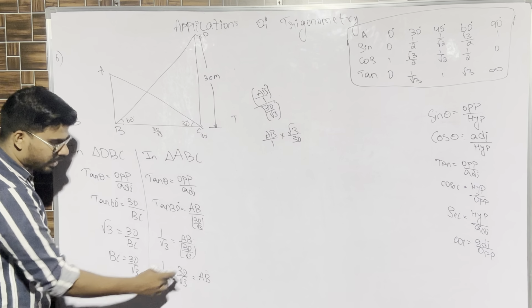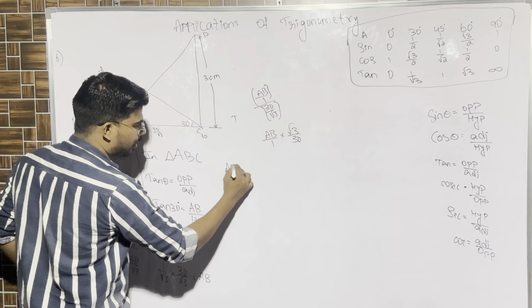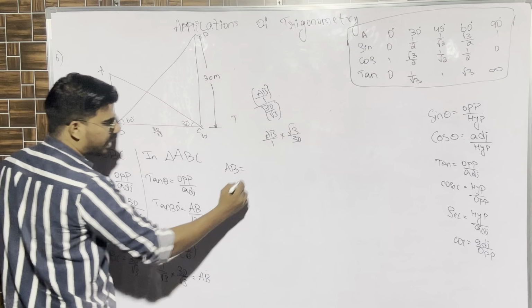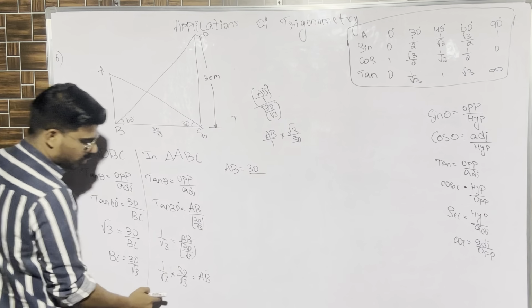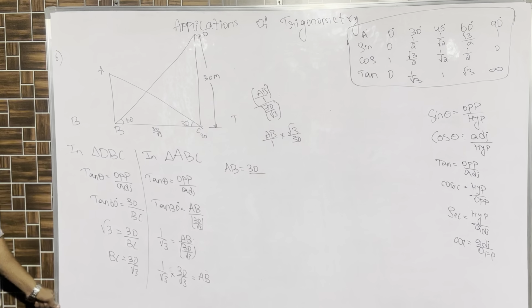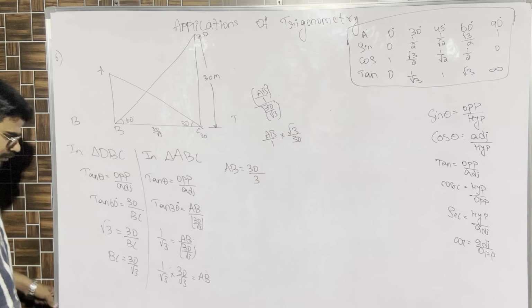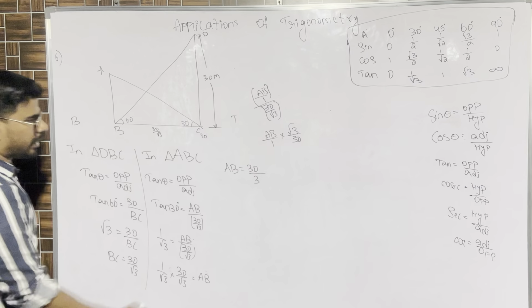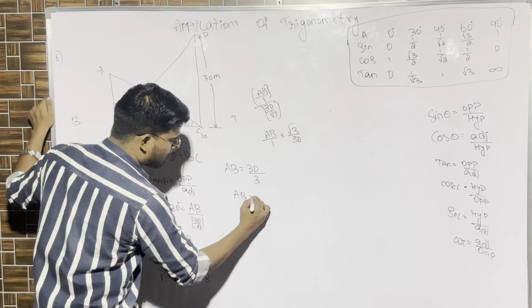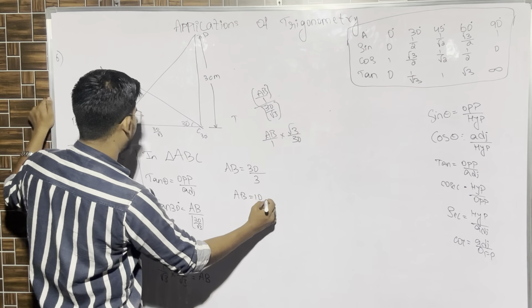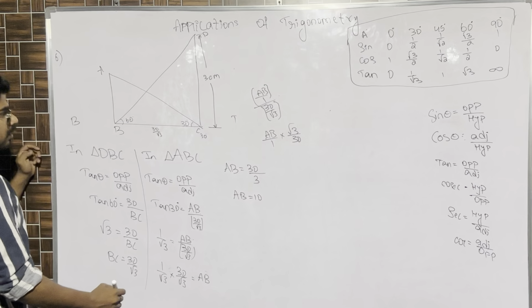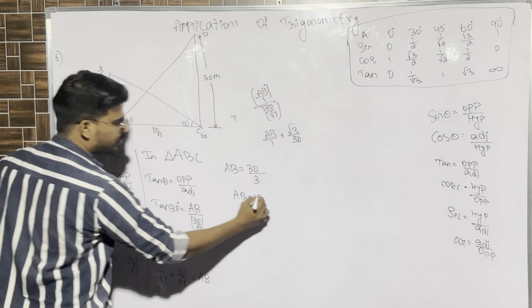Right, now 1 into 30, 30. AB is equal to 30 by 3, very good. Root 3 into root 3, root 3 whole square gets cancelled, it is 3. So AB is equal to 10 meter. Meter only he gave, right? Yeah, 10 meter.